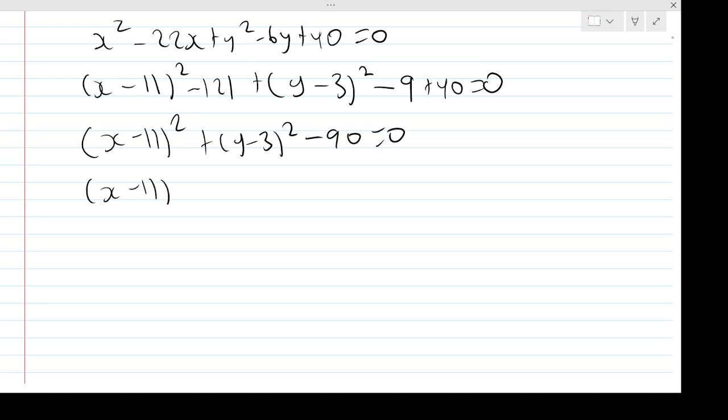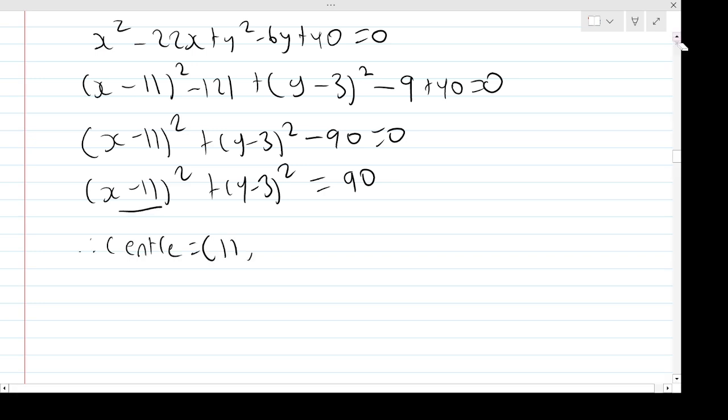Therefore, x minus 11 squared, add y minus 3 squared, if I move that to the other side, I get positive 90. Therefore, the centre: minus 11 for x would be plus 11, and minus 3 for y would be plus 3. And the radius squared would be 90, so the radius would be root 90, which goes to 3 root 10.